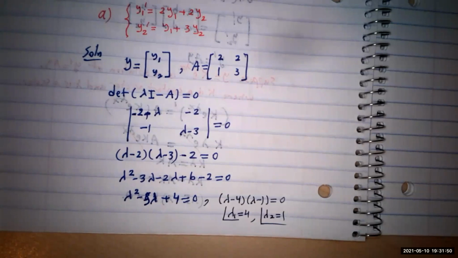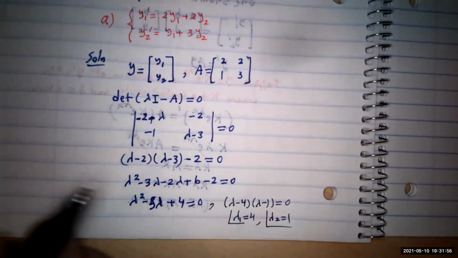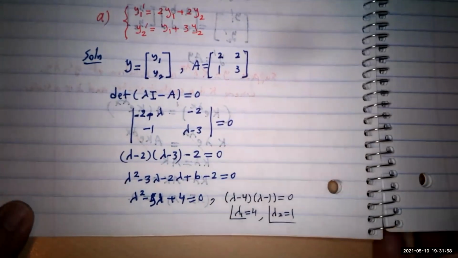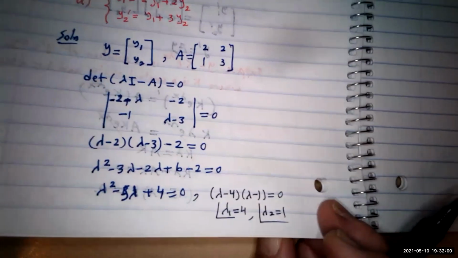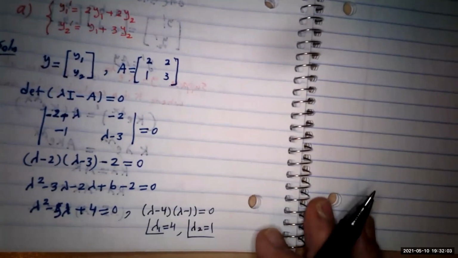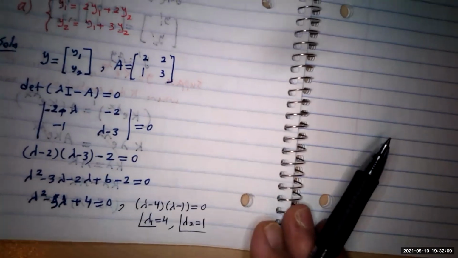The problem in this chapter all ends up with finding the eigenvalues and the eigenvectors. So we have to find the eigenvectors corresponding to these two, by substituting the values.